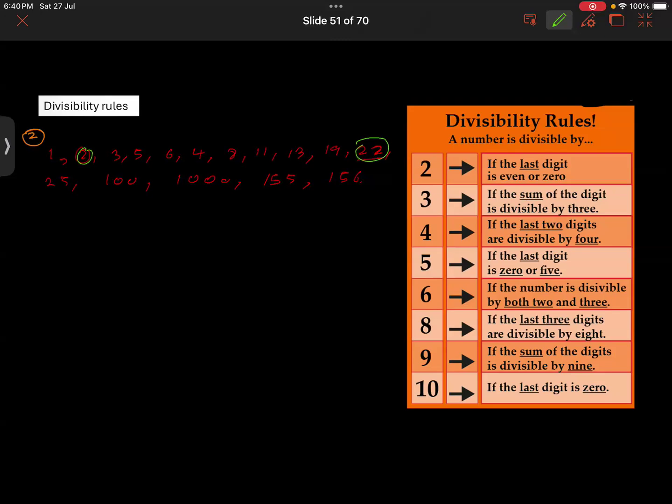That is the first criteria. Next, which numbers have even numbers at their unit place? Out of the given numbers over here, which one of them has an even number? I'm asking about the unit place now.